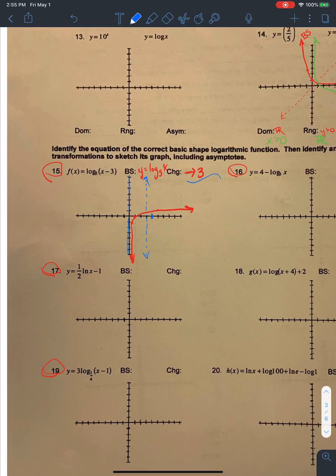I didn't leave myself a lot of room, but it's going to sneak right in here. So just a rough sketch. They wanted me to include the asymptote, and my asymptote is at x equals 3.